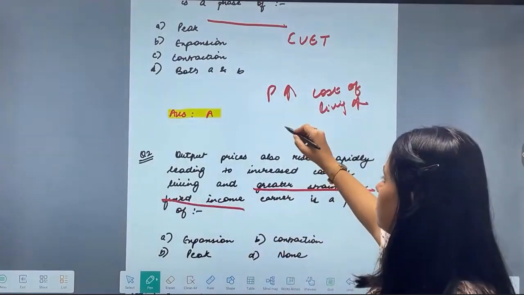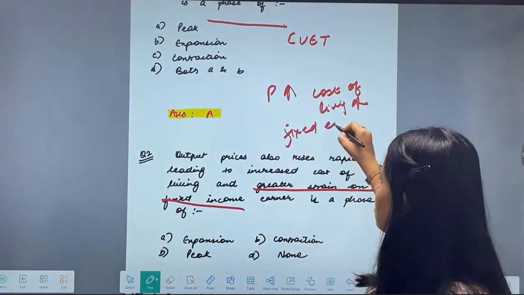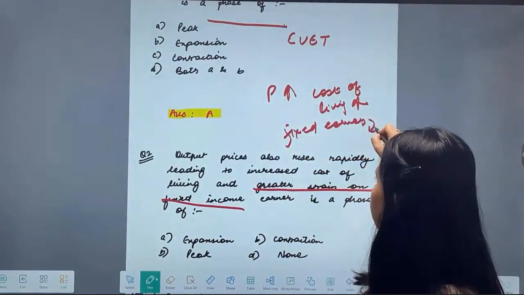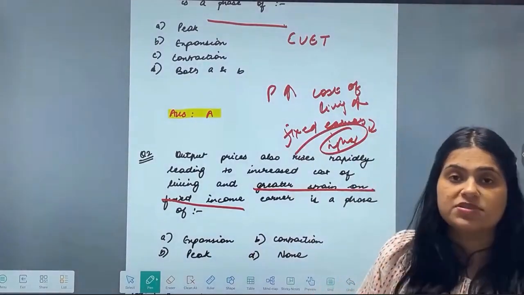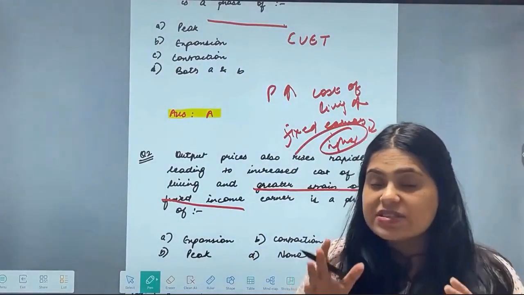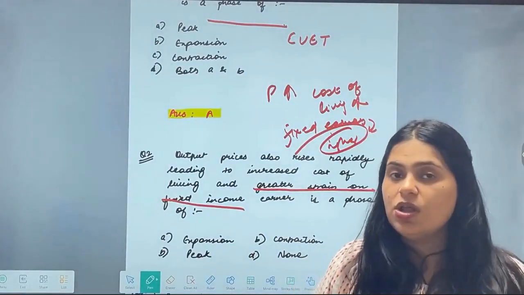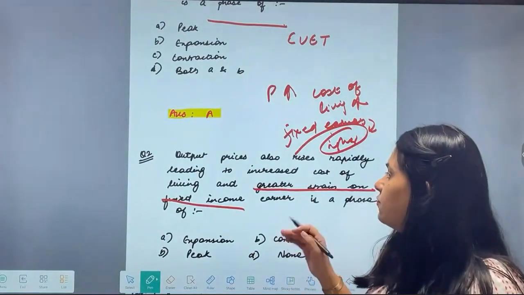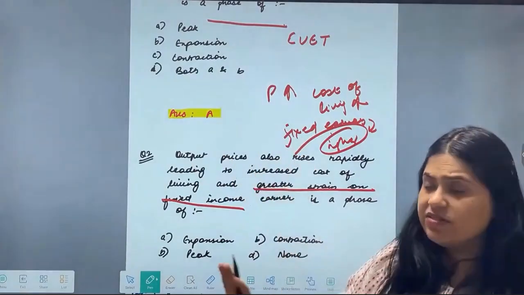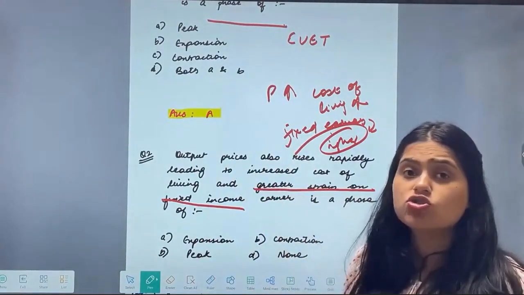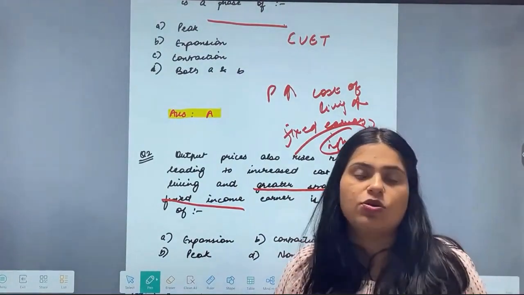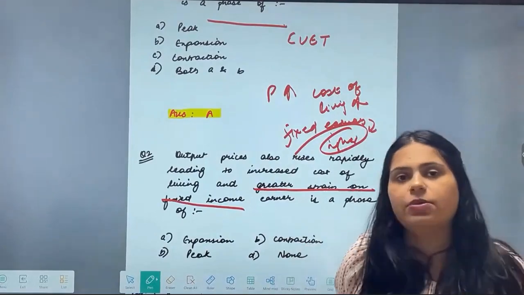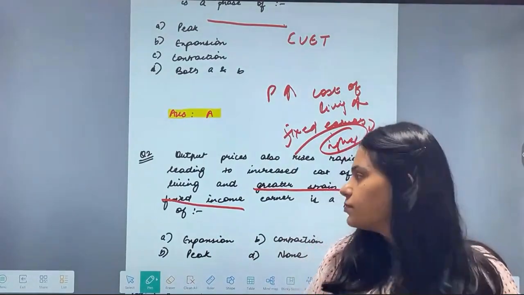So fixed income earners have higher strain on their income. Which is that phase? Try to answer this question. Which is that phase where output prices are rising rapidly, where the cost of living is very high, and where you have greater strain on the income level? Just try to think about it. Try to answer this question.